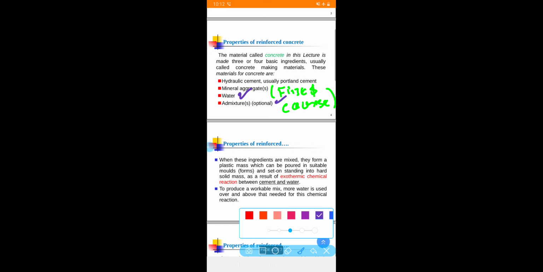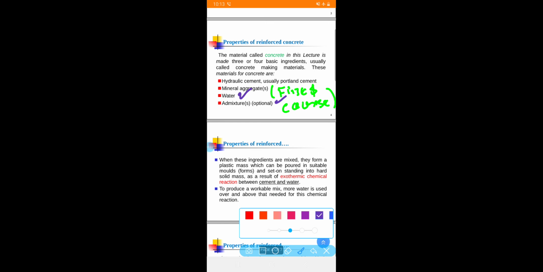Admixture is used in certain areas, or when you are going to construct inside water, where you need the concrete to harden quickly and dry. So that is why we use admixture. This is optional. We shall see on the next why we require an admixture.